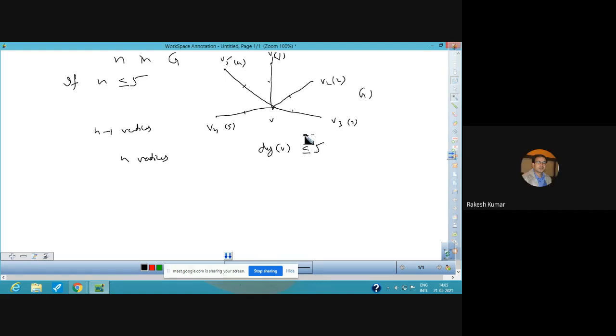G dash be the graph obtained by deleting V from G. By the induction hypothesis, G dash requires not more than 5 colors. Okay. What does it say?